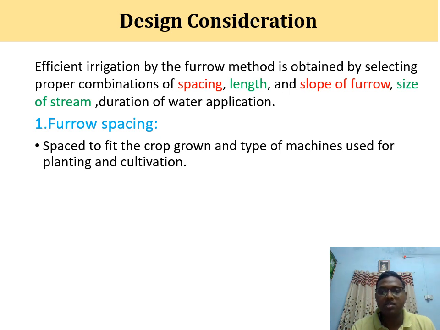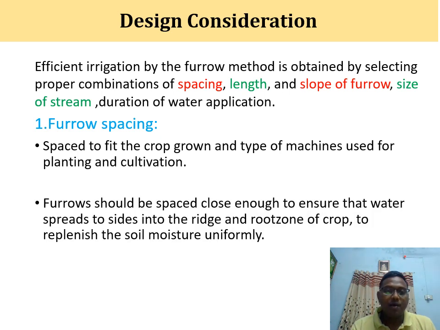On that basis we decide the proper spacing. Furrows should be spaced close enough to ensure the water spreads sideways into the ridges and root zone of the crop to replenish the soil moisture uniformly.